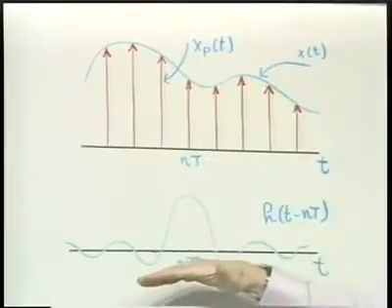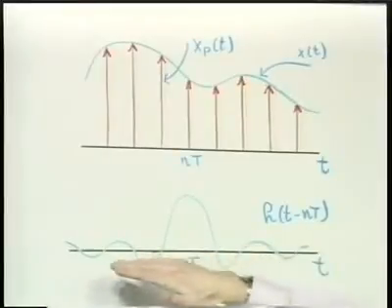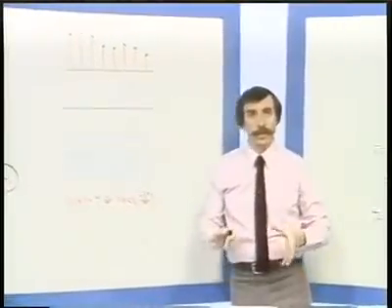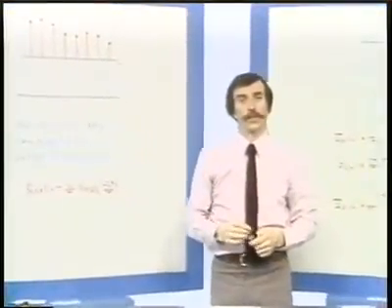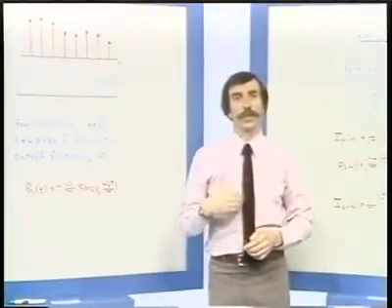Below that will be the summation of these, which will be the reconstructed signal. So let's take a look at, first of all, that reconstruction where the impulse response corresponds to the impulse response of an ideal low-pass filter.